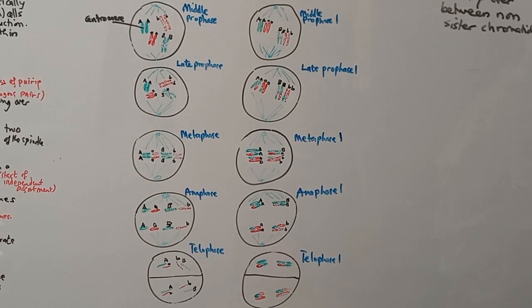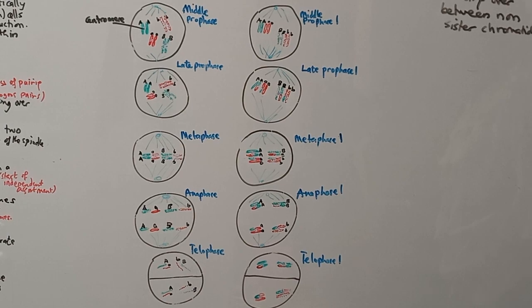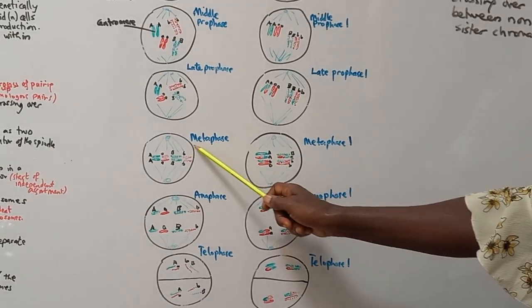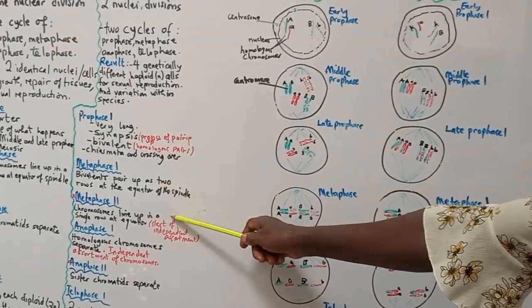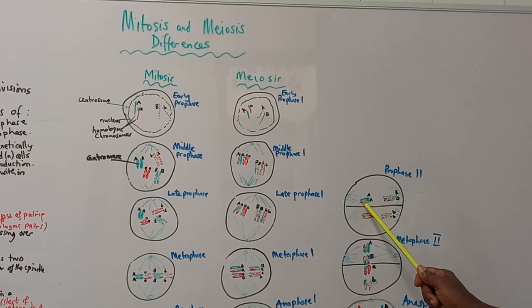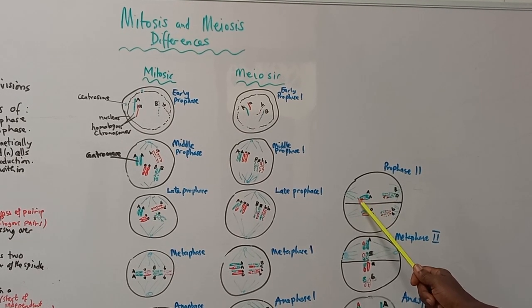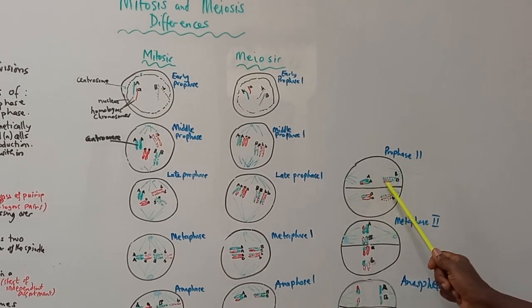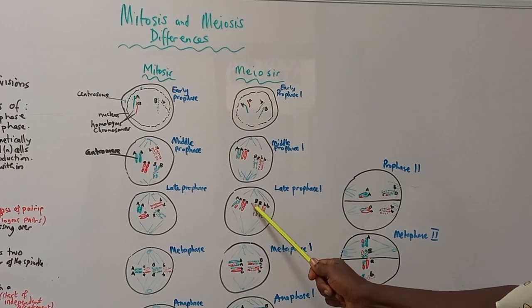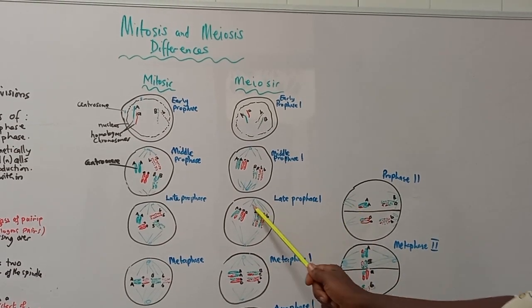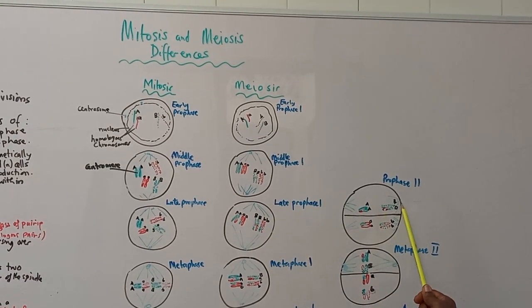Now we are going to go to prophase 2, and then we'll compare what happens in here as we have shown here. Prophase 2, the major difference is that the spindle is formed at right angles to the former spindle. So look at the spindle and look at the spindle here.